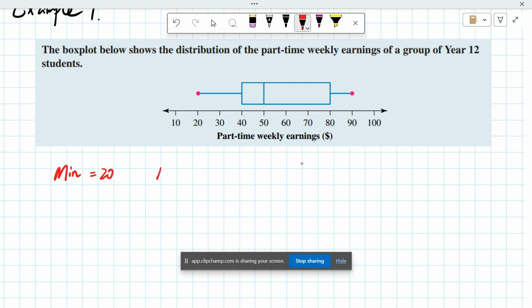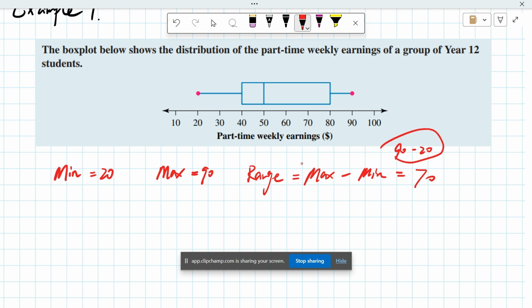Maximum is equal to 90. Range equals maximum minus minimum, which is 90 minus 20, which is 70. Hopefully that makes sense.